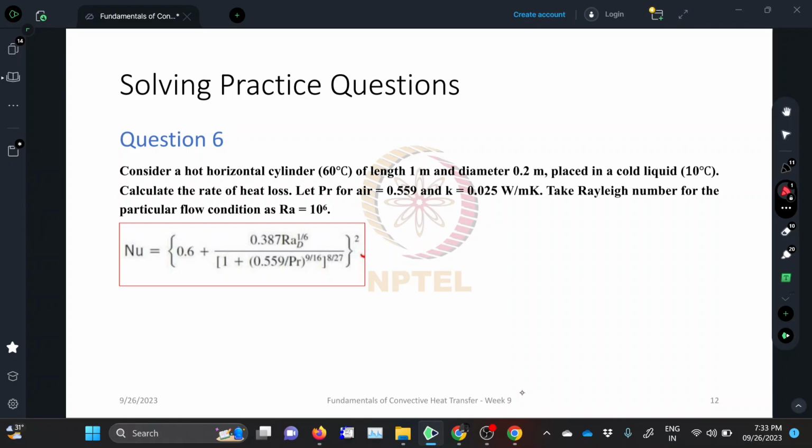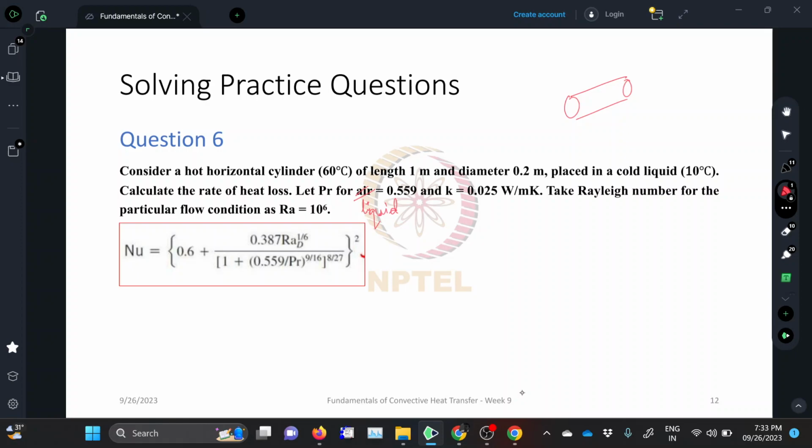So this is asking us to consider a hot horizontal cylinder, of length 1 meter and diameter 0.2 meter, placed in a cold liquid. So you have to calculate the rate of heat loss. The data given is, let Pr for, okay, not air, it's a liquid.